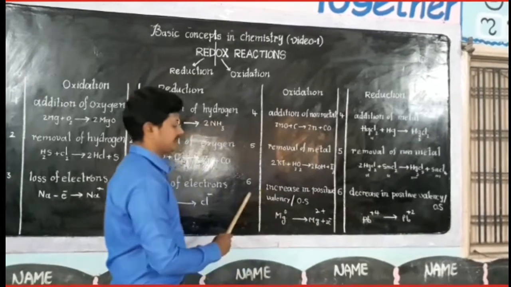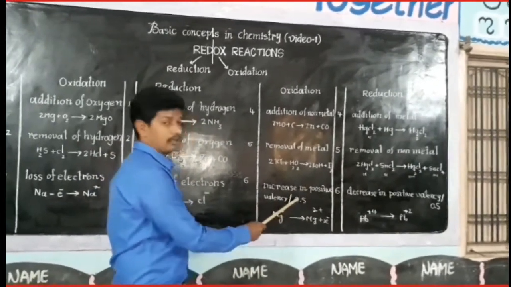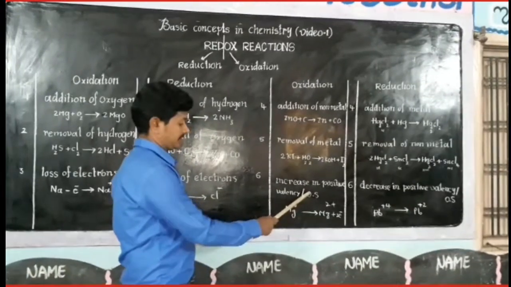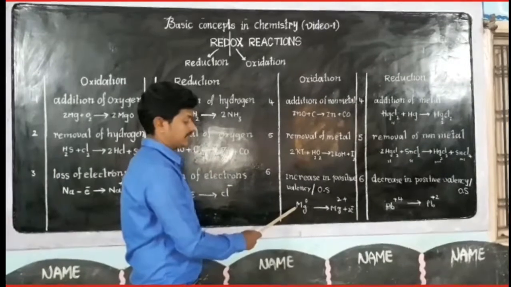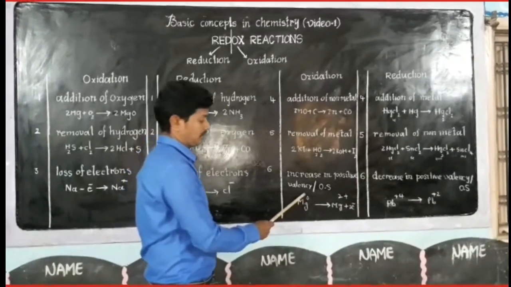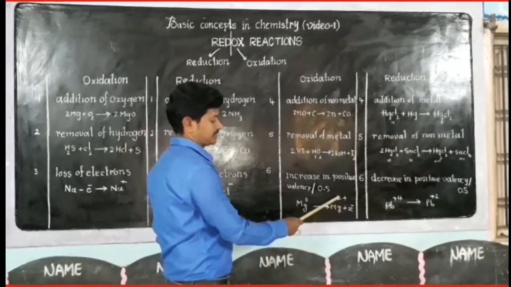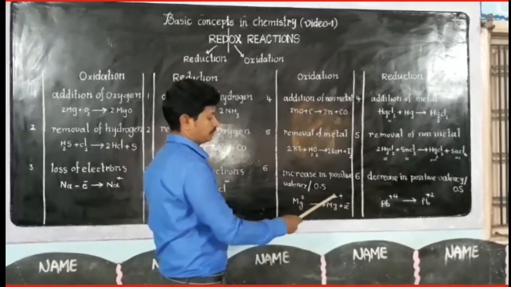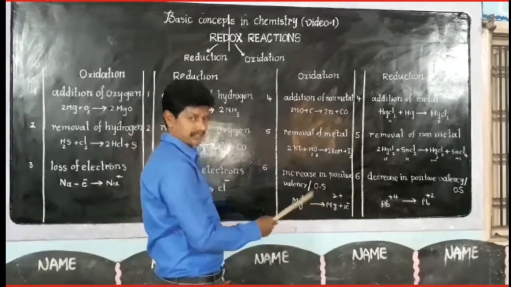Next, sixth one is increase in positive valency or increase in oxidation state, also called oxidation. Here in this equation, magnesium in the reactant side has valency 0. In product side magnesium oxidation state is 2+, losing 2 electrons. Here 0 to 2+, it is increase in oxidation state, so it is an oxidation reaction.